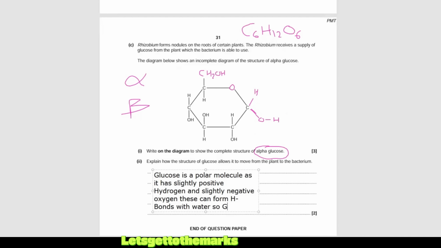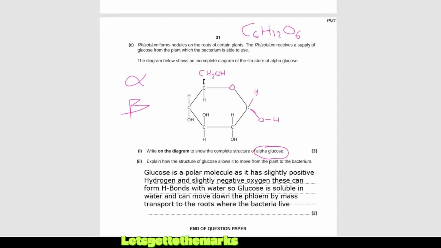So glucose is soluble in water and can move down the phloem, I'm going to be extra, by mass transport to the roots where the bacteria live. So it's going to go from the leaves to the roots by mass transport, source to sink, on its way to visit the bacteria in the roots. And the reason why it can do that is because glucose is polar.